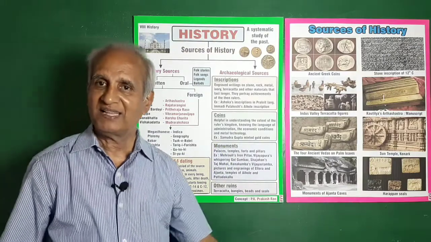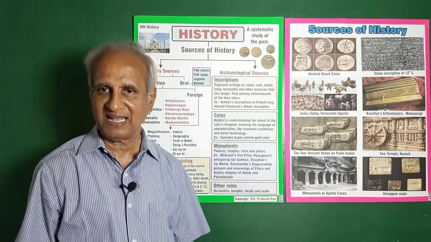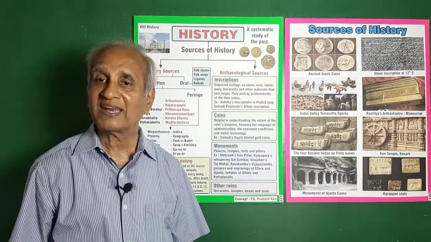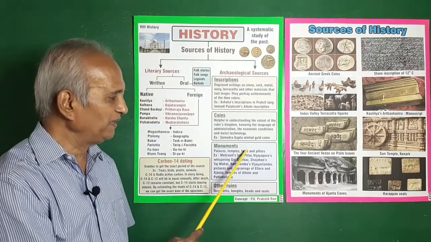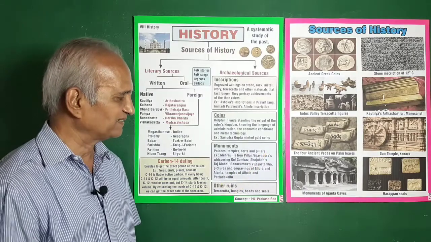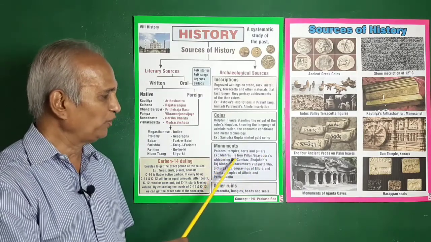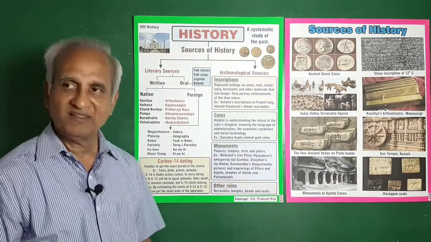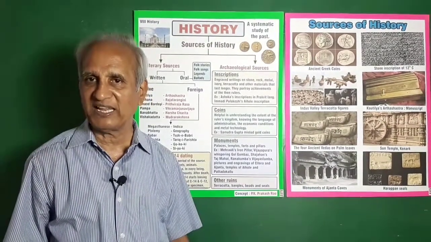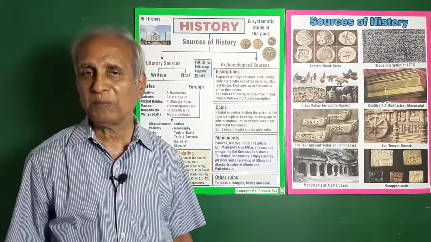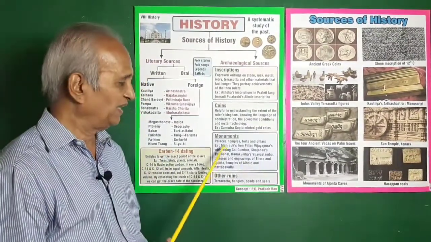Monuments, the constructions, huge constructions then, which have become a record today for study purposes. Palaces, temples, forts and pillars. Example, Mehrauli's iron pillar. It is of that ancient period. You have it in Hauz Khas of Delhi. Near Qutub Minar, you have the iron pillar.